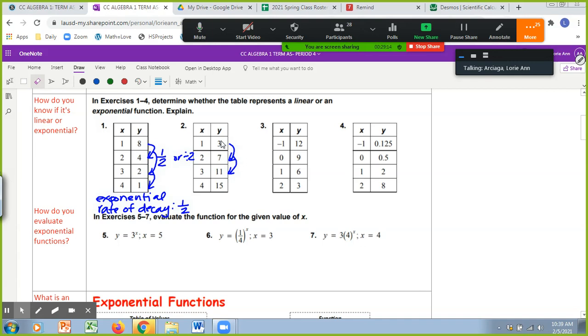So 3 going to 7, that's add 4. Then 7 to 11, that's add 4. And then 11 to 15, that's add 4. So linear means there's only a certain number that gets added every day. But exponential means the number could double, could triple, or could be multiplied 1,000 times the following day.